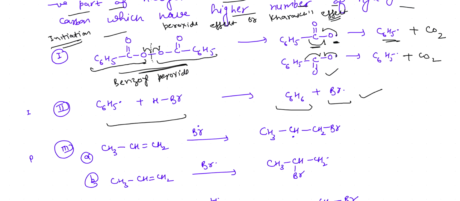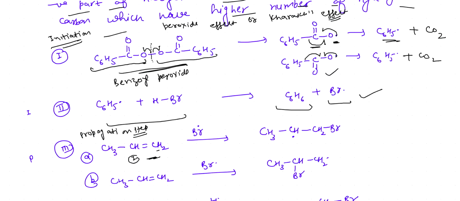The next step is known as the propagation step. During the first step, a bromine free radical adds to the double bond in such a way as to give the more stable free radical. I have shown here both possibilities, in which the bromine free radical adds to carbon number 1 and carbon number 2.